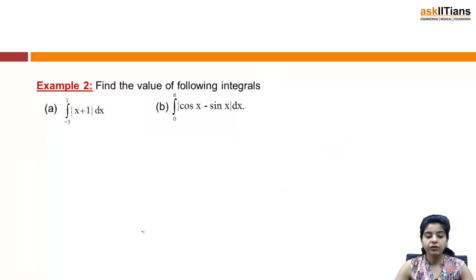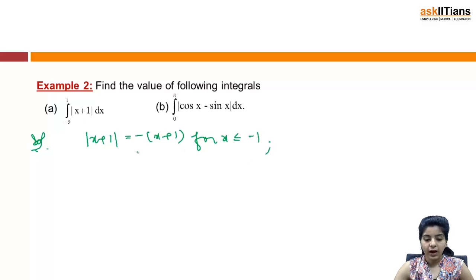Next example that we have is find the value of the following integral: integral minus 3 to 1 mod of x plus 1 dx. First of all, mod of x plus 1 is minus of (x plus 1) for x less than or equal to minus 1, and it will be x plus 1 for x greater than minus 1.